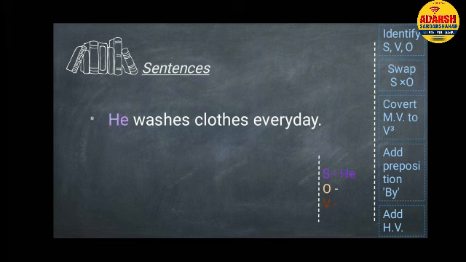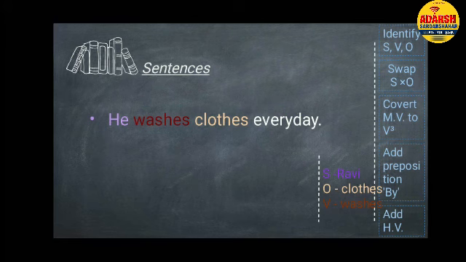He is performing the activity of washing clothes. Now, second is object. On what is our action being performed? Here, our action of washing is performed on clothes. So, clothes is an object. Now, verb. Verb is action. So, here action is washes. So, washes is a verb.